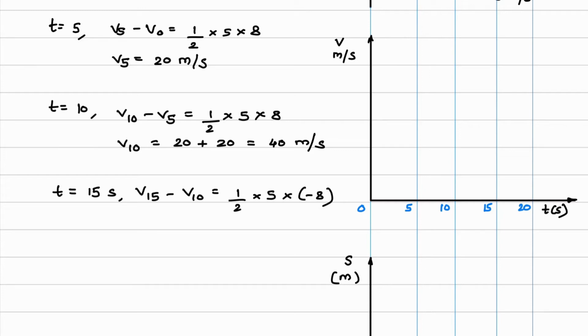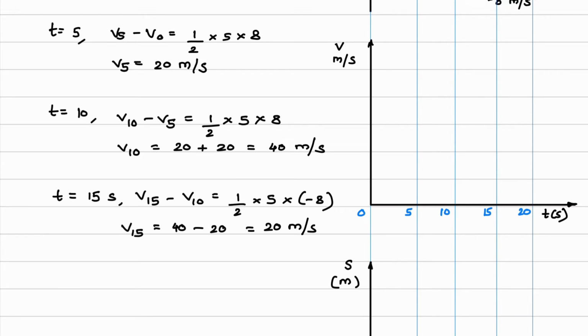From here we can calculate v15. v10 is 40, so minus 40 will go on the right hand side and become plus 40, and this value is minus 20. So v15 is 20 meter per second.